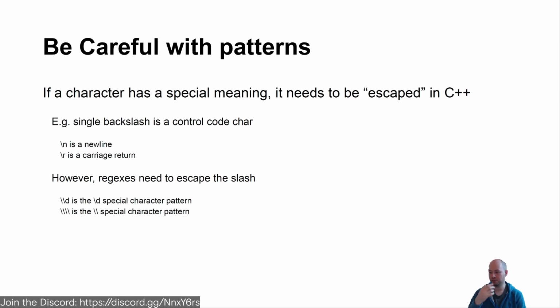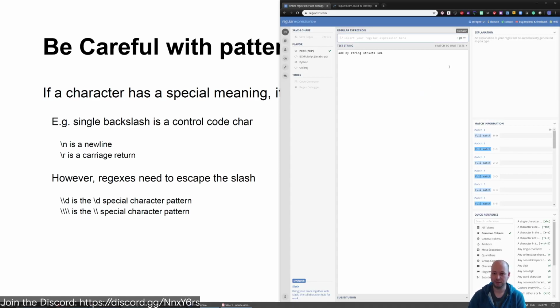That is the special character pattern for the digit that I just showed you. In C++, you need to do a doubled slash to escape that slash. Otherwise, it thinks that you're doing a new line or a carriage return. Similarly, if I want to match a slash, say I have a string like hey there, and I'm trying to get to the slash, well, I can't. I have to double slash, right? And then I can do this.